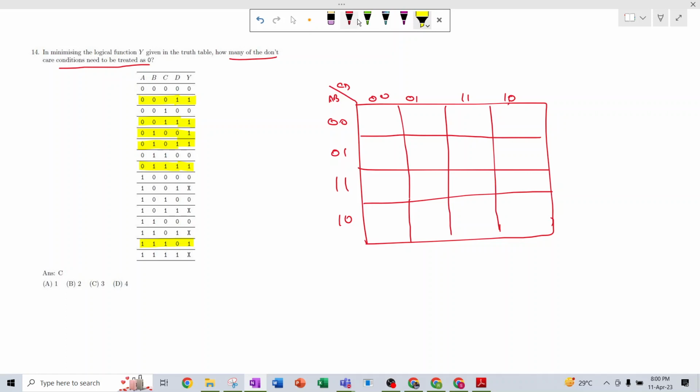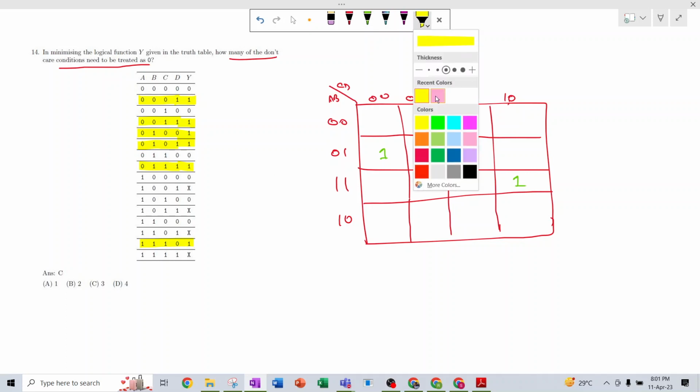So the terms are 0001, 0011, 0100, 0101, 0111, and then 1110. This is the thing.